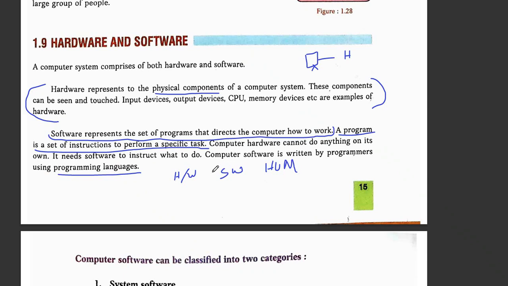So, to talk to computers, we also have numerous languages, for example C, C++, Java, Python. All these are languages that are used by programmers to program or instruct the computers to do a particular job.